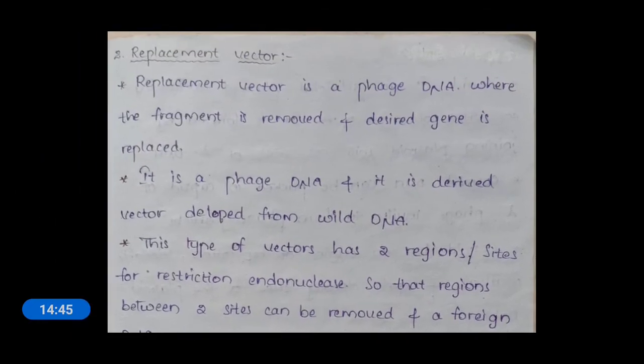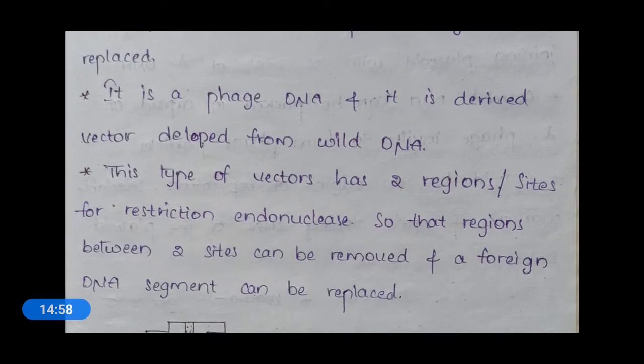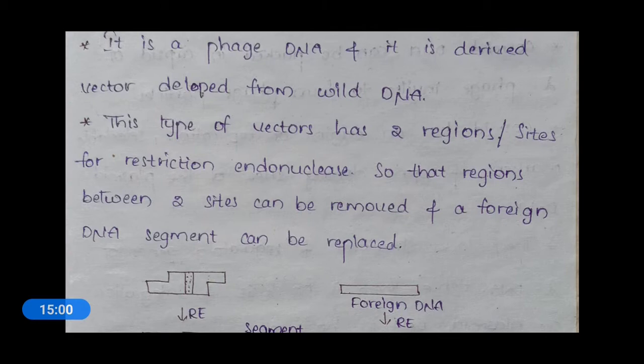And here the replacement vector is also a phage DNA where a fragment is removed and replaced with the desired gene. This is also developed from wild type DNA. But here this particular replacement vector will have two regions for restriction endonucleases, and the segment between the two sites can be removed and a foreign DNA segment can be replaced.